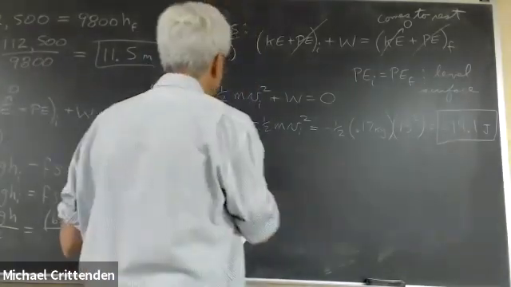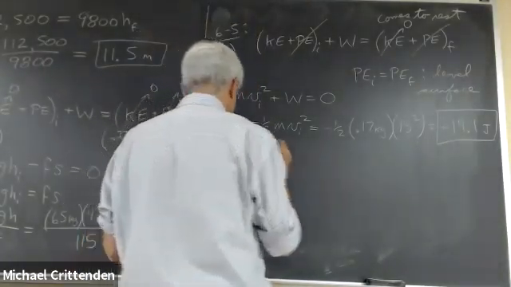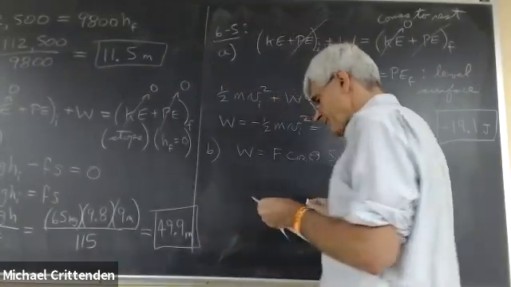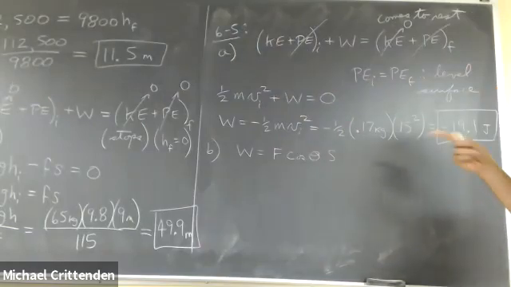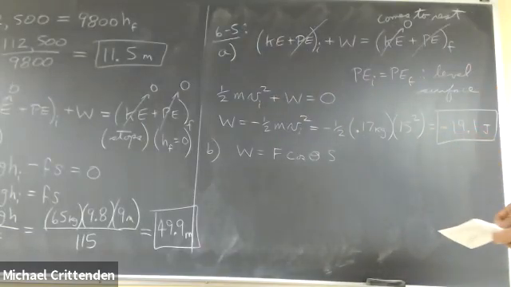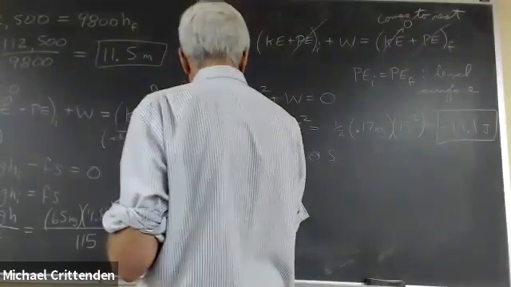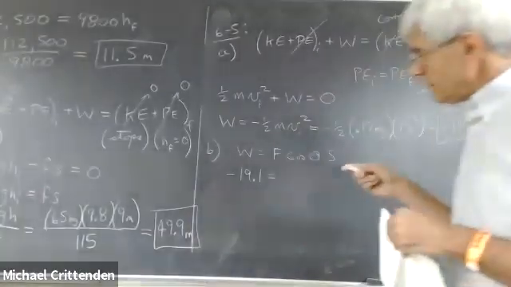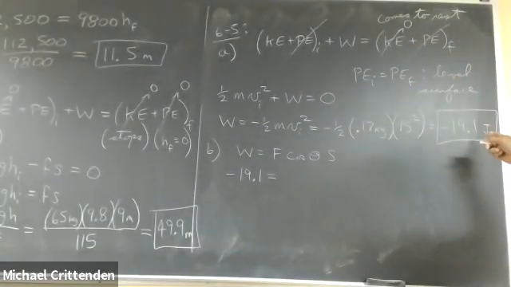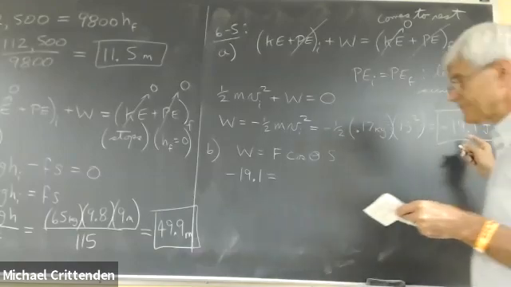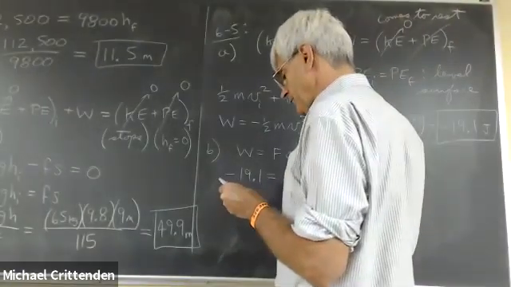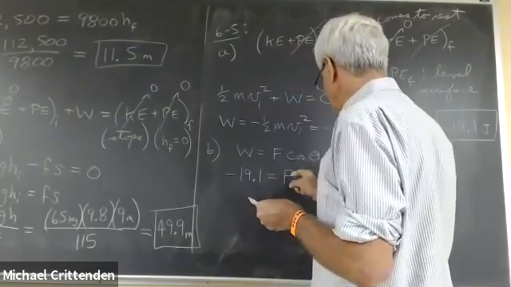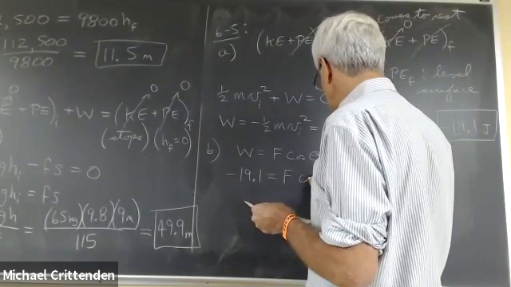In a little more detail, there's the general definition for work from part A. You know that the work is 19.1 joules. The friction force, big F or little f, whatever kind of F you want to use for it, that's the unknown I'm trying to determine.